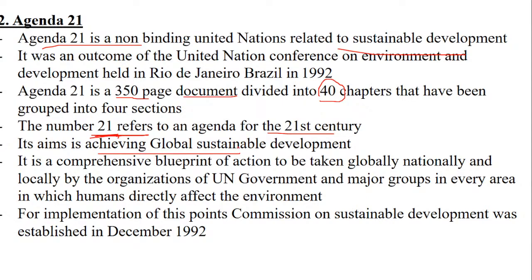Basically it is to ensure that humans directly affect the environment, the concepts are related to human beings affecting the environment, and it was for the implementation of sustainable development, which was established in the year 1992. I'm not going deep because I have taken the main aspects of the question, which can be a part of your examination.